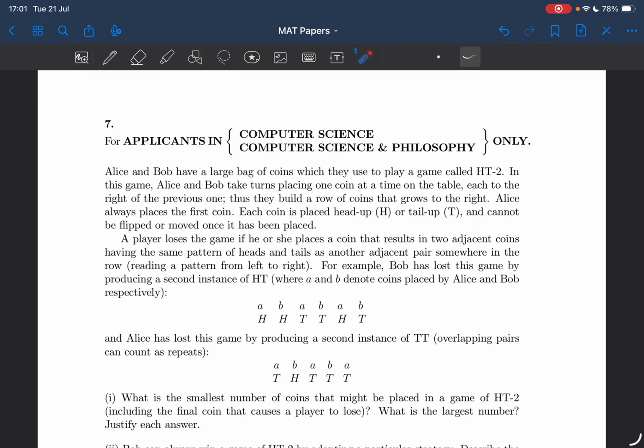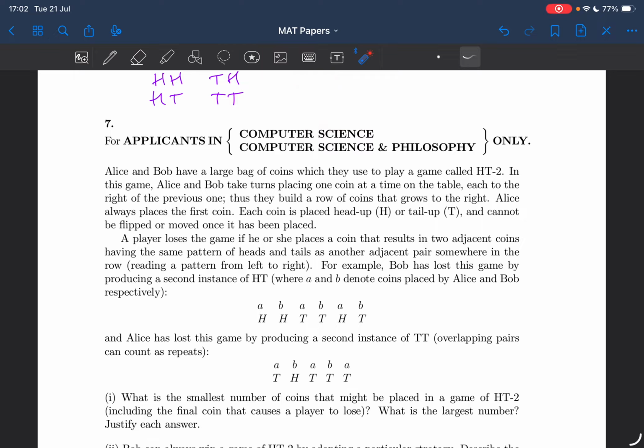Okay, so let's think about that for a second. We have four possibilities: heads heads, heads tails, tails heads, tails tails. So if we see one of these patterns before, we can't do it. If a head is the last thing I've seen, but I've already seen a heads tails, I cannot put down another tails after that and have it be the same one.